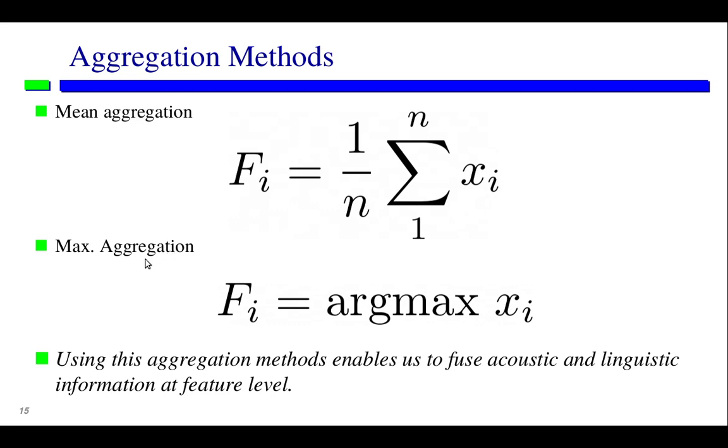And for maximum aggregation, I only took the highest maximum over all chunks in one story. The benefit of these aggregation methods is that they enable me to concatenate the acoustic feature with the linguistic feature, because that's my next goal.